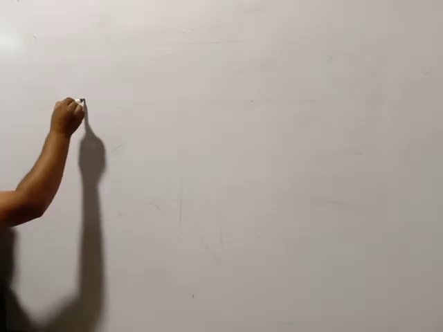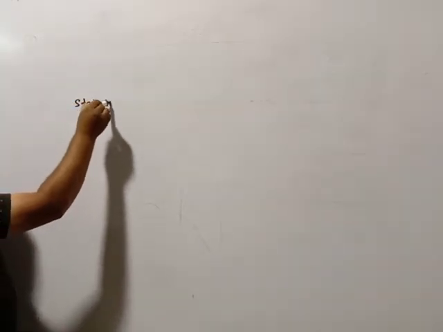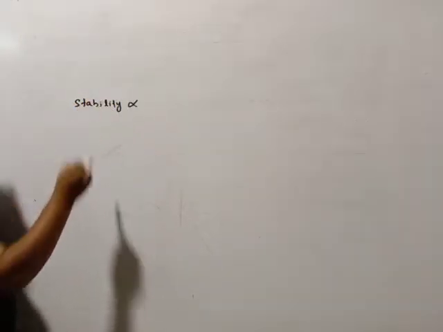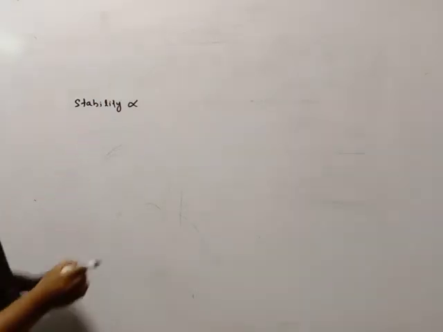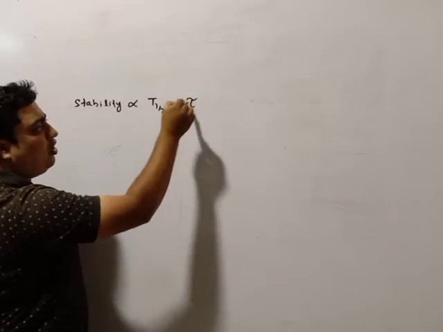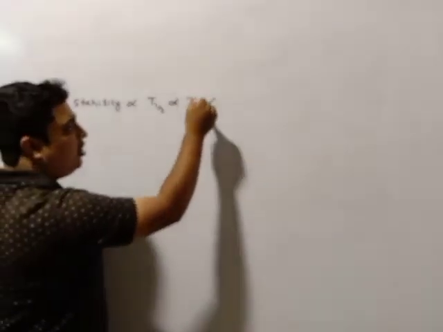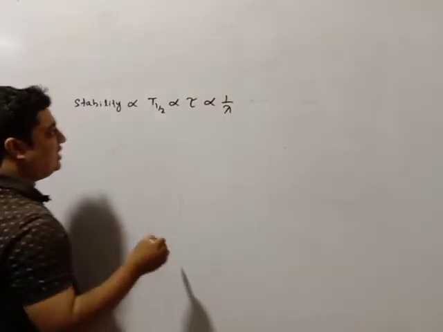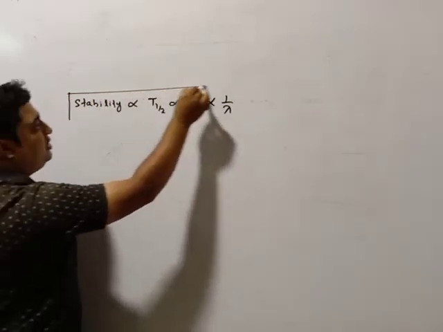Now, stability. Stability of a radioactive nucleus is directly proportional to its half-life or mean life, or it is inversely proportional to decay constant.